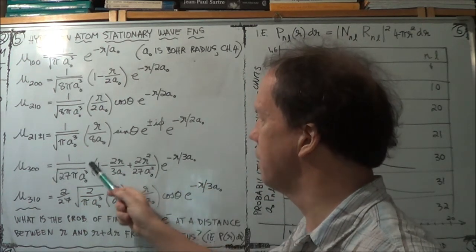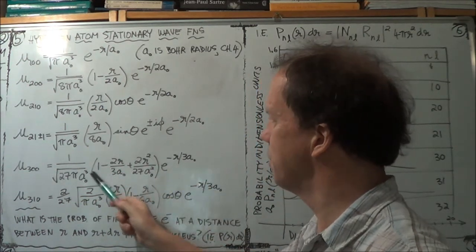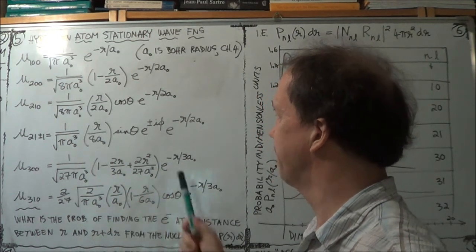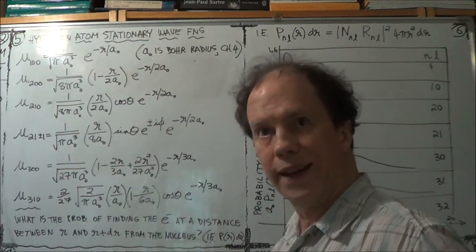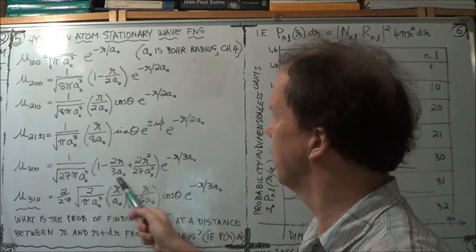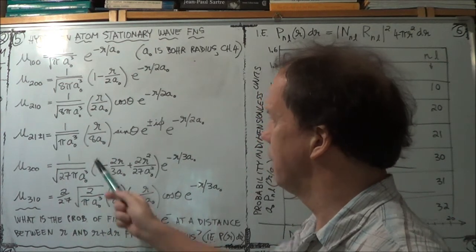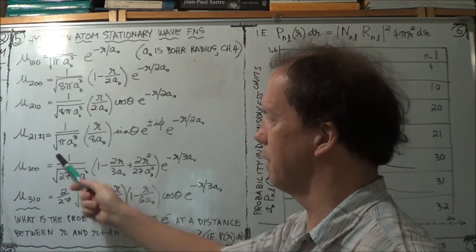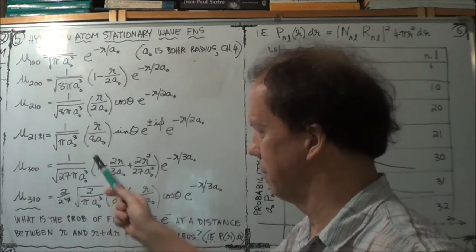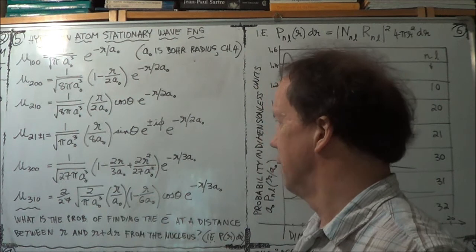It'll all just be in terms of r. So this is getting, now here's where your Laguerre polynomials are starting to show themselves, okay? And your normalization factor, right? Getting a bit more complex.